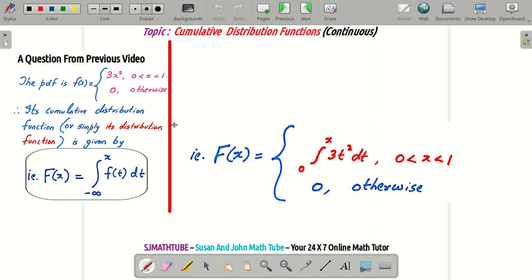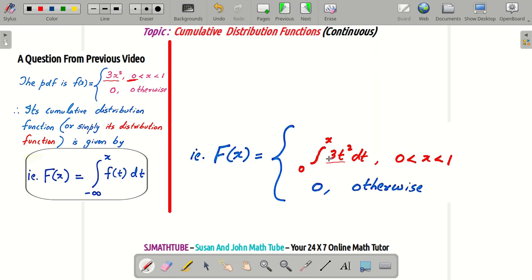Now let's go to the second one. The trick is very easy. Look at the lower limit here. What's the lower limit? 0. So what I did is I put the integral from 0 to any number x, and I used the integrand 3t square dt with the same limit.